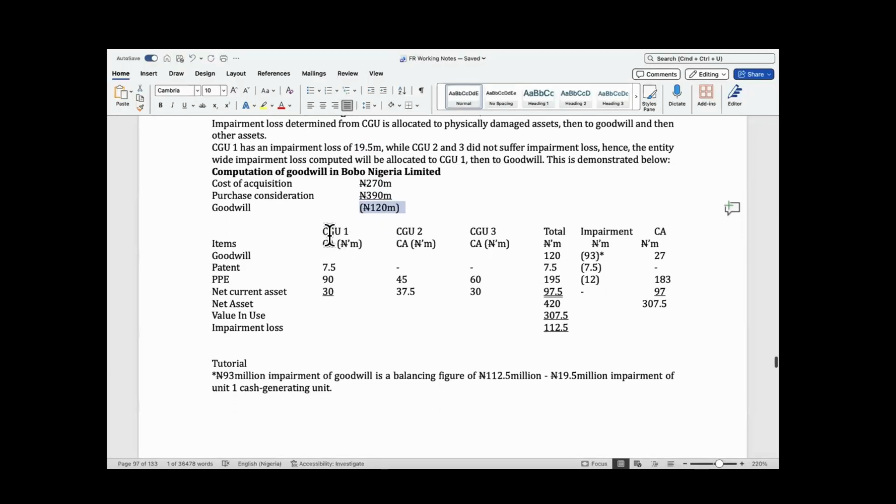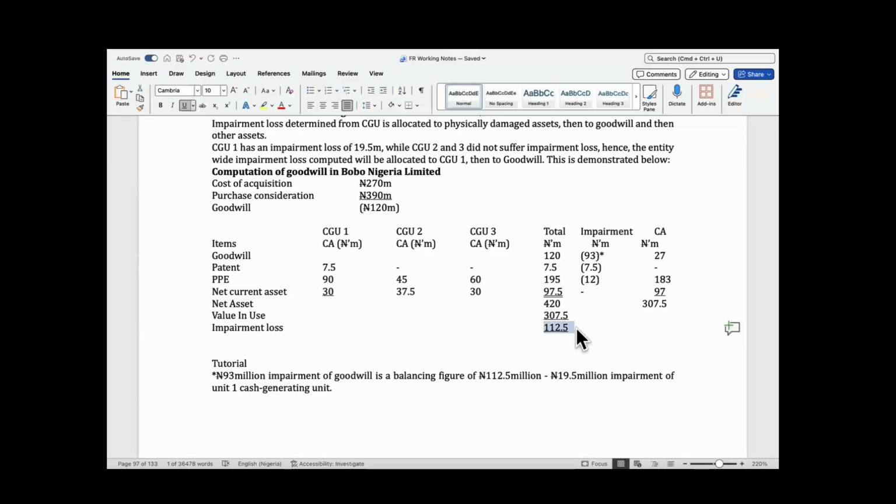Then I added all the assets in the CGU together and got a total of this. So this 420 is the value of the entire business, and the value in use they gave us was 307.5. So the impairment loss is 112.5.